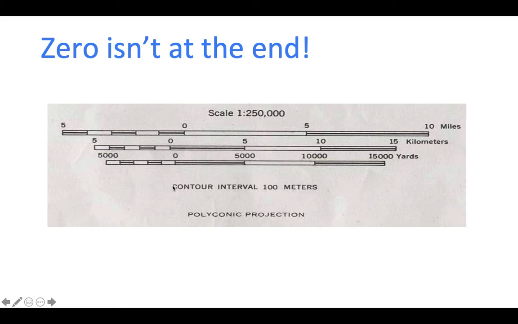But a key thing here with these more complex ones is that 0 is not at the end, right? So we've got a 5 here, 0 there, 5 and 10 on that top one for the miles graphic scale. What's useful here is that on the left of the 0, you've got those little smaller subdivisions, right?